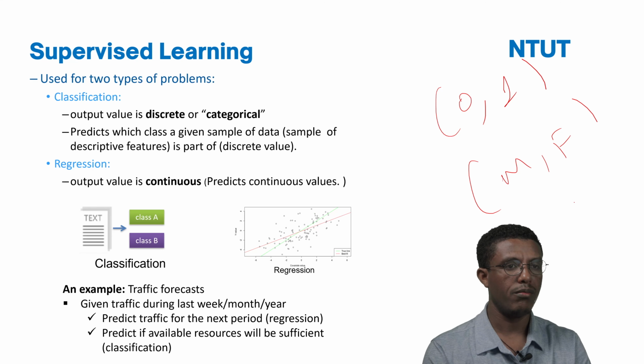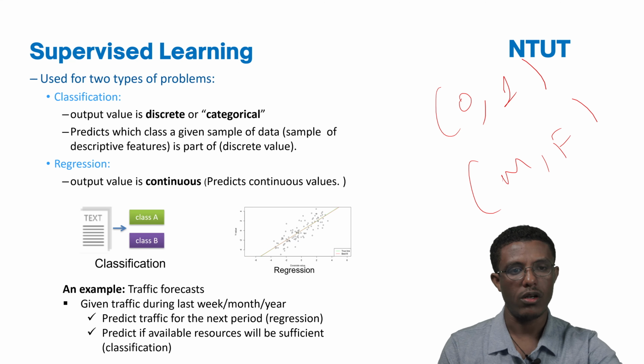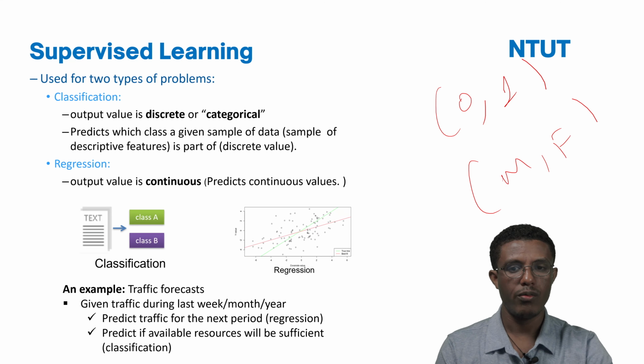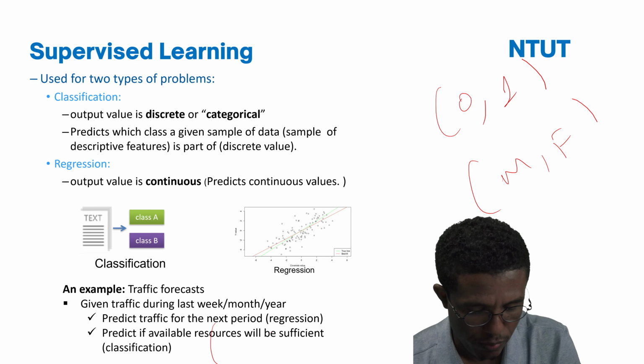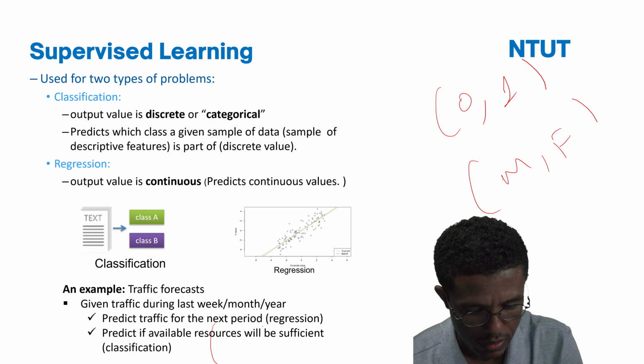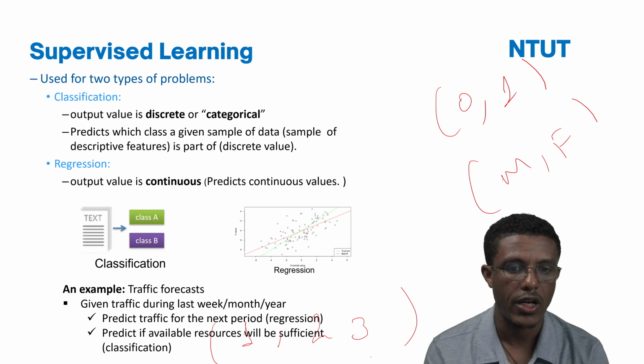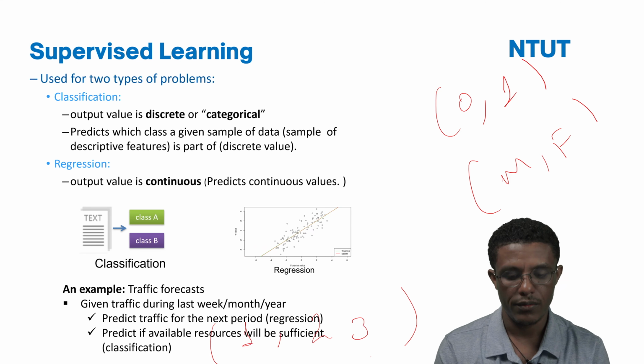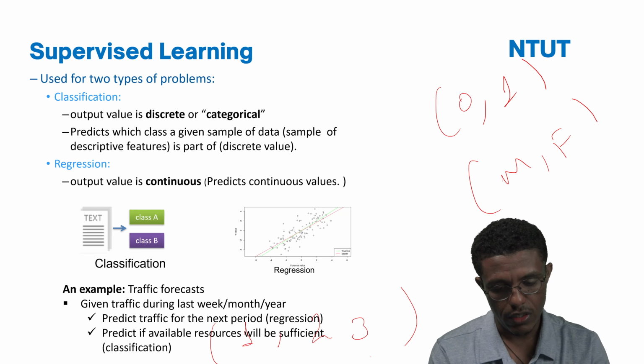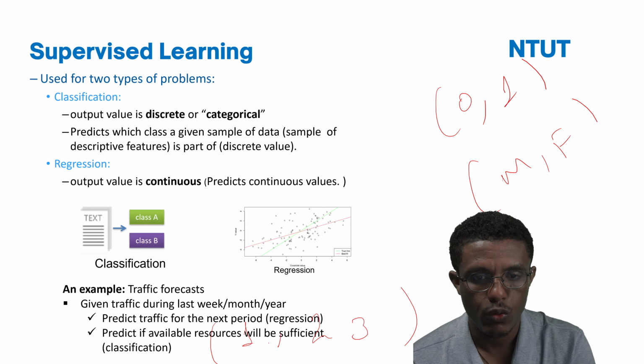Categorical means it is a category like this one, maybe the category is from 1, 2, and 3. Between these categories, we can say like this one. So this is the way that we define these supervised learning problems.